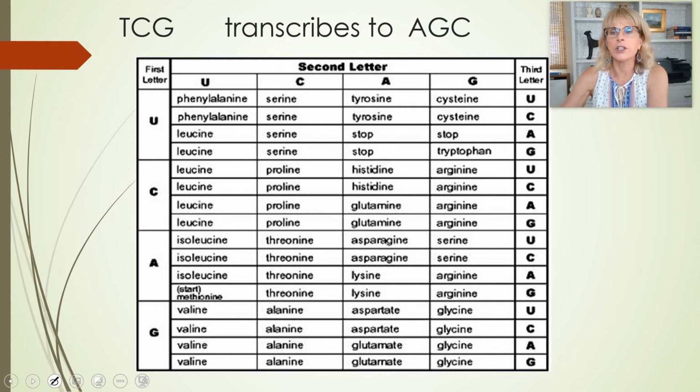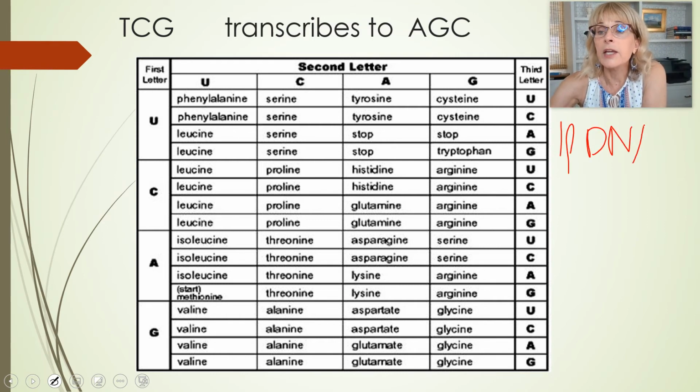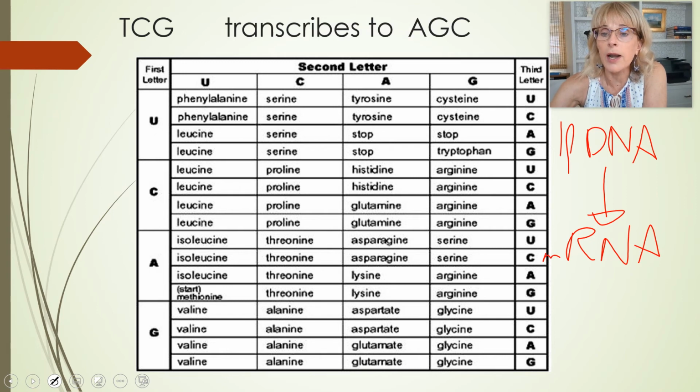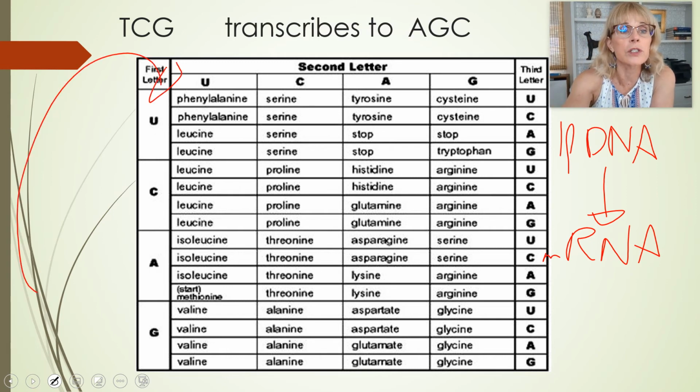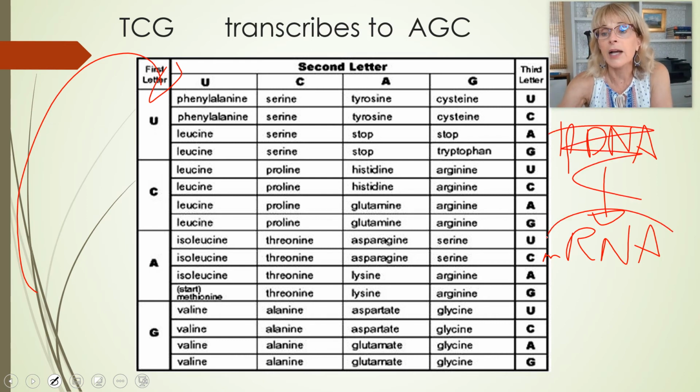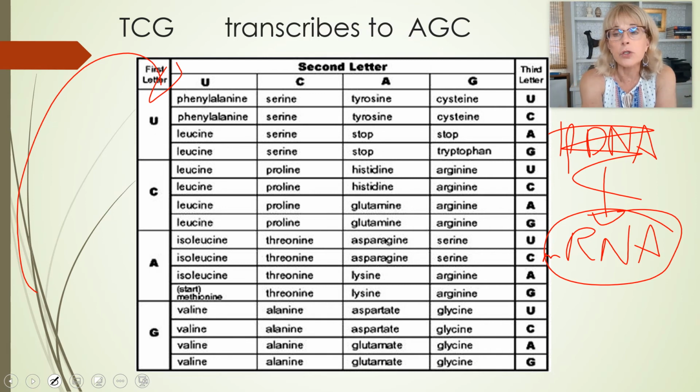So pay attention. If I give you DNA, then you need to transcribe it into messenger RNA. Once you've got the messenger RNA, then you will use this table because this is a messenger RNA table. Now, if, on the other hand, I give you messenger RNA, go straight to the table, right?